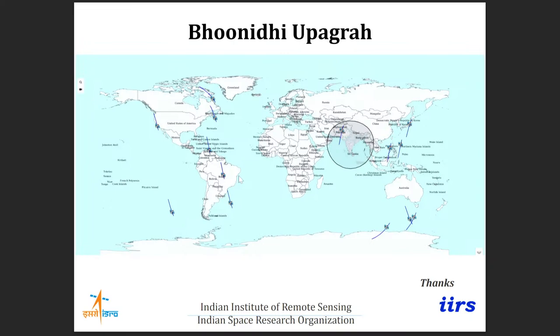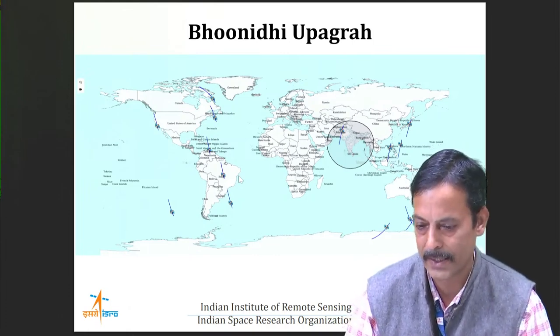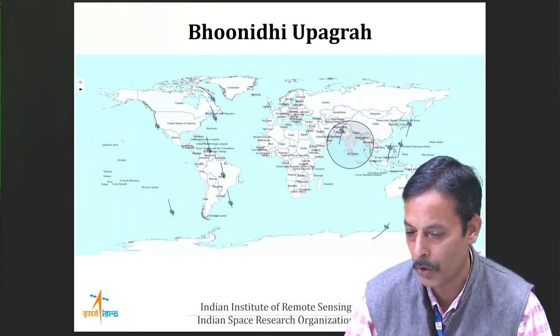They also have one Bhoonidihi Upgraha option, which shows you the live location of the satellite passes as they are passing over the globe. So you can see exactly where Resourcesat 1 is going to pass, on which date the satellite is going to pass. And this also has the next 2 days of forecast, where the satellite will exactly be after 2 days.